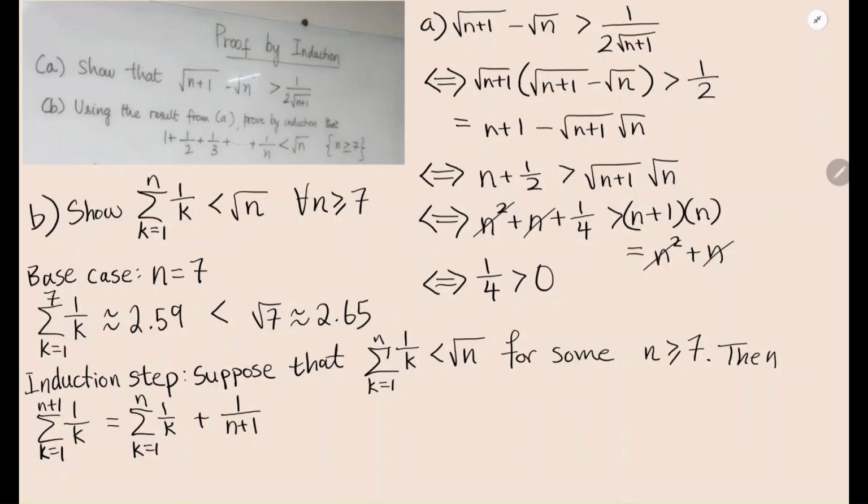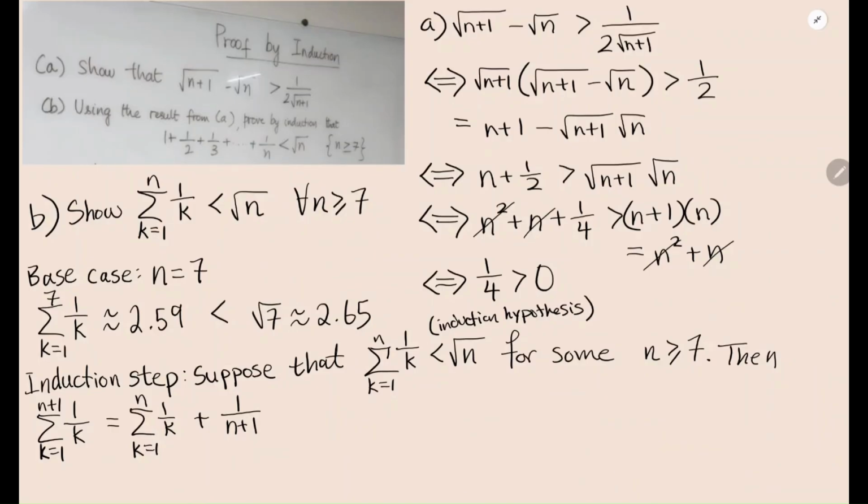I'm essentially just substituting this k with n plus 1, because this is the final term. So this is going to be summing from k equals 1 to n of 1 over k, and then plus 1 over n plus 1. So this is a perfect time for me to use the induction hypothesis right over here. This right here is the induction hypothesis.